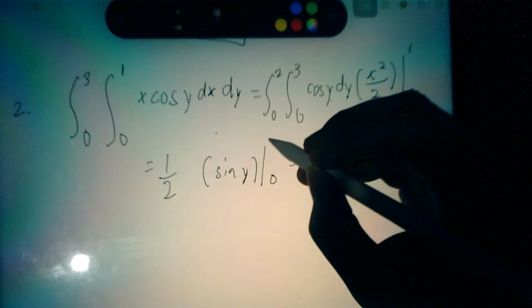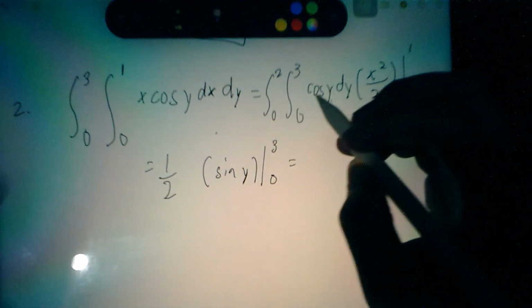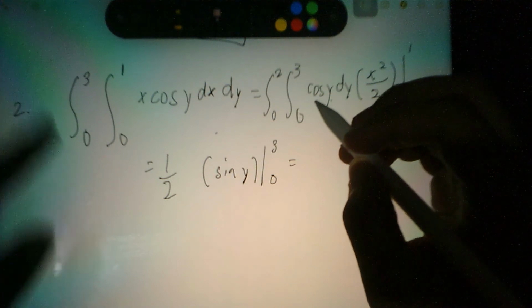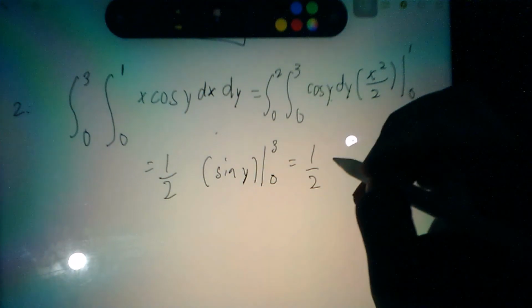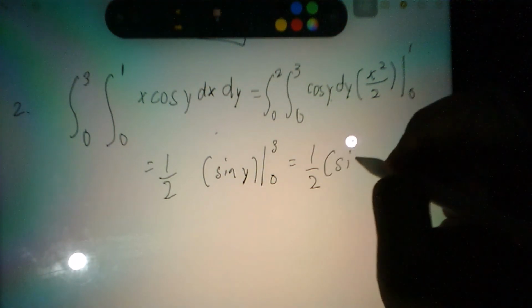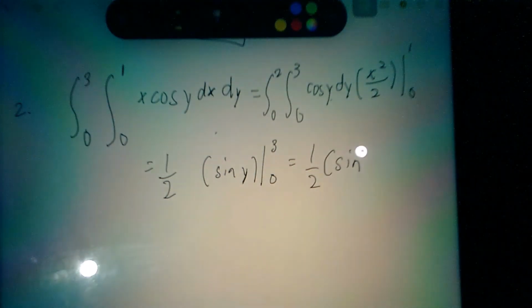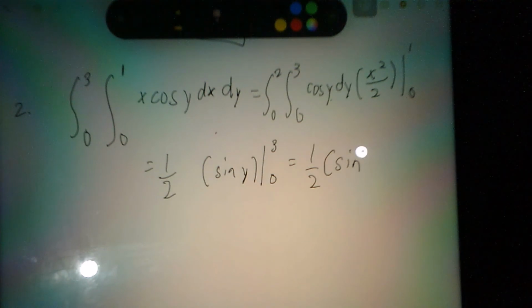So sine here from limits 0 to 3, which is our second integration, will become 1/2 times sine. Let me get the calculator here.